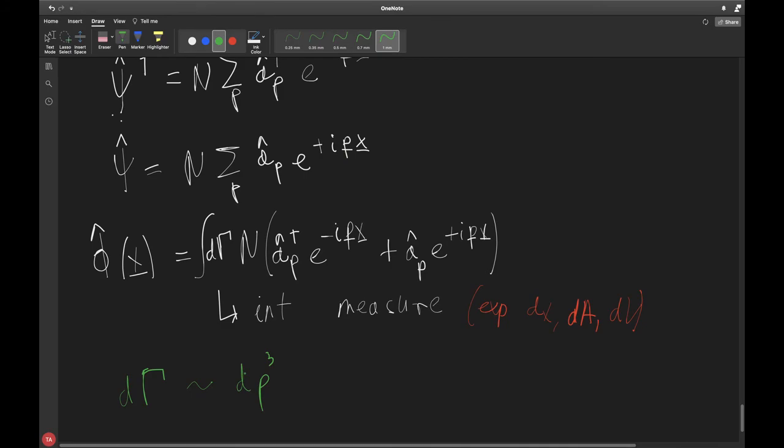So the only thing which we now need to do is to think about how this can become relativistically invariant. So then we lead to the relativistically invariant measure.